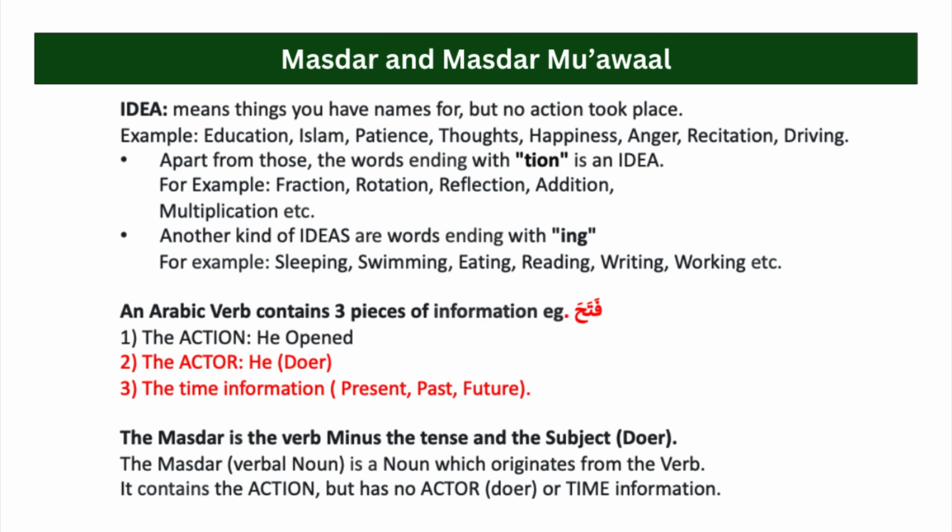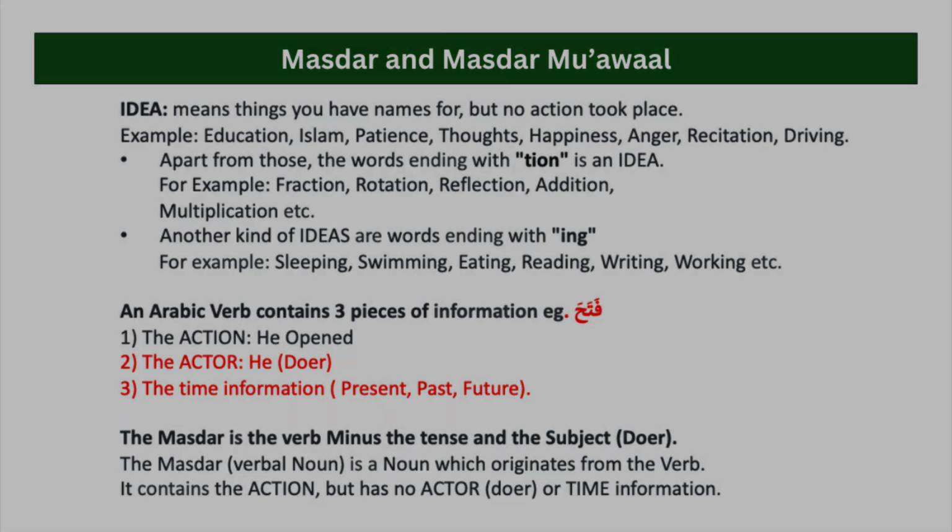And third, it contains the time, whether the action happened in the past, present, or future. But when we convert that verb into a masdar, we remove two of these elements. We remove the doer and we remove the time. What remains is only the action itself. So we can say clearly, Masdar equals the action without doer and without time.